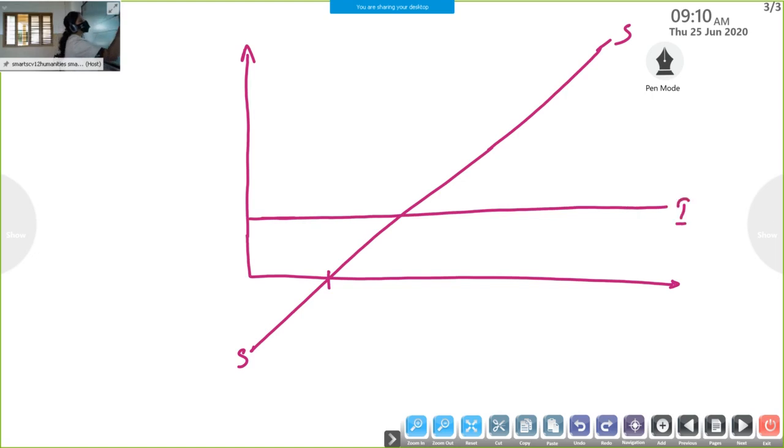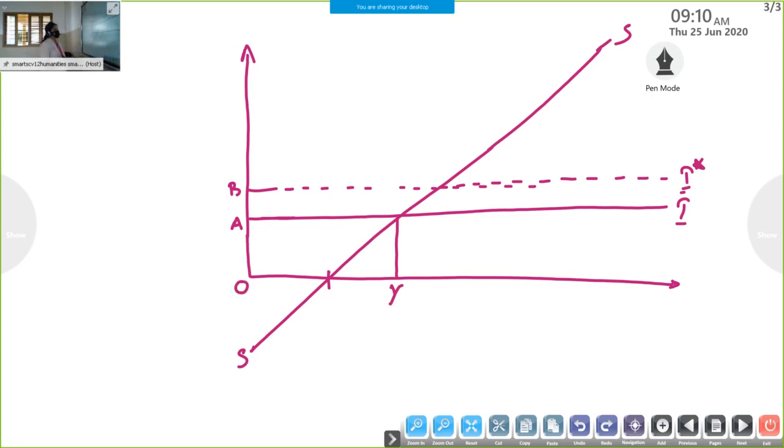This is constant. Due to change in investment, the curve shifts from, what I can give here, A to B. Suppose this is the new investment curve, I star. So initially we are getting this much income, OY level of income.